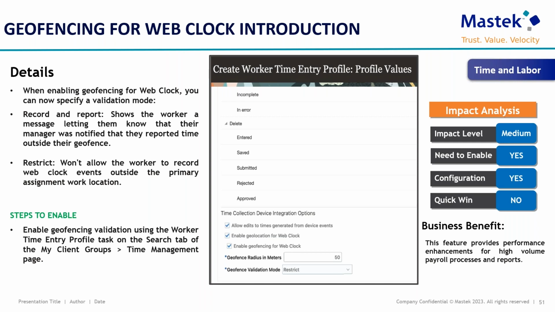So if an employee is supposed to finish their job at 5, but they did not complete the job at 5 and they are still working, the manager will get notified at the time of extension, and the manager will be able to make sure that the employee's working hours have been fulfilled accurately. It also allows you to restrict the extension as well, so that the web clock event will end as soon as the allocated hours are completed.